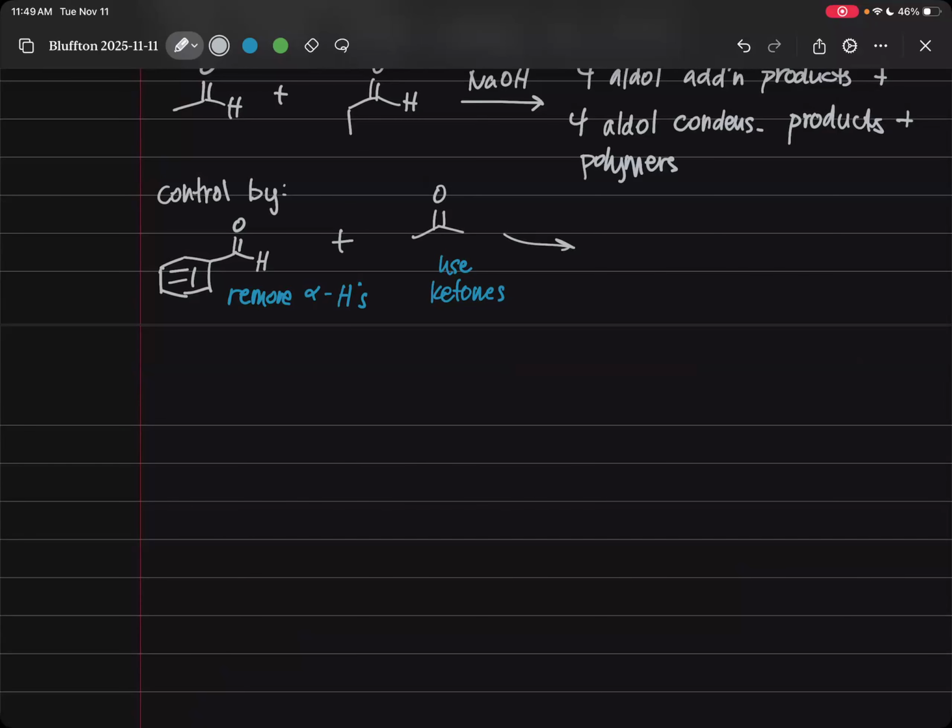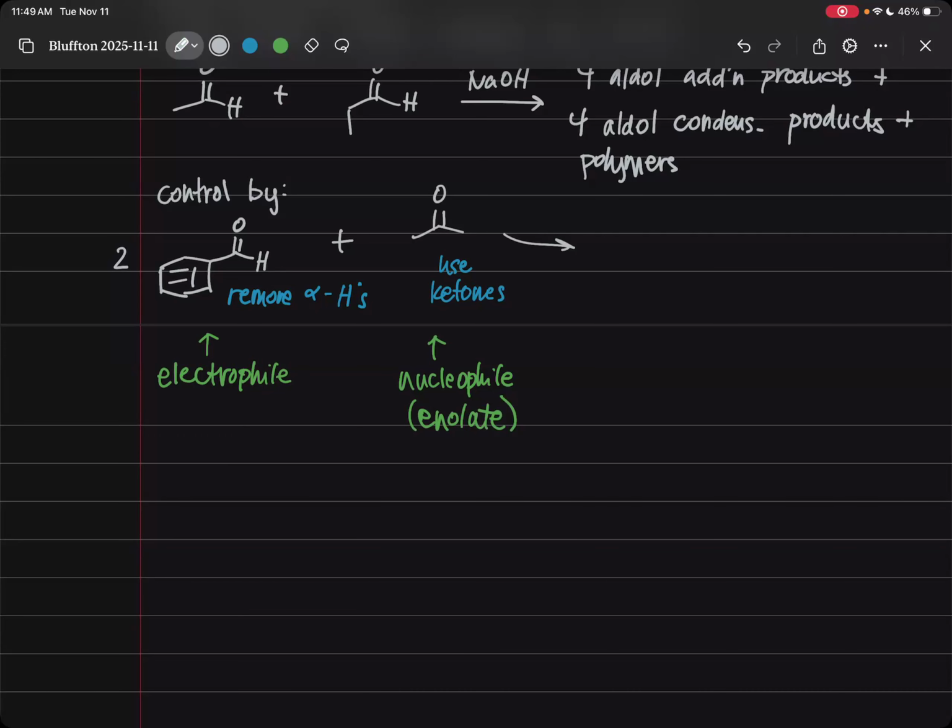So these reactants look familiar to anybody? This is the lab reaction. So if you use two equivalents of benzaldehyde, the benzaldehyde is going to be our electrophile, the acetone is going to be our nucleophile through the enolate.